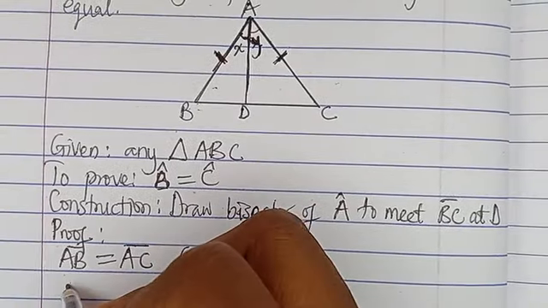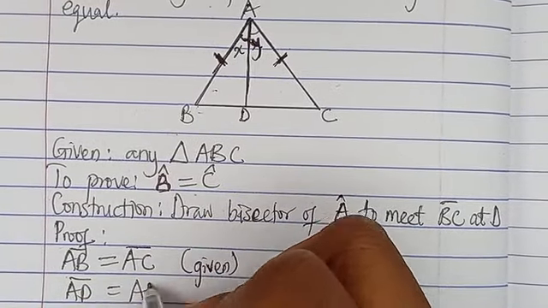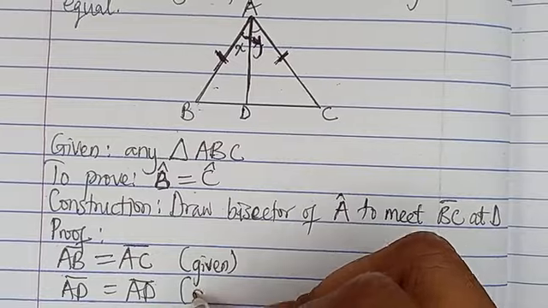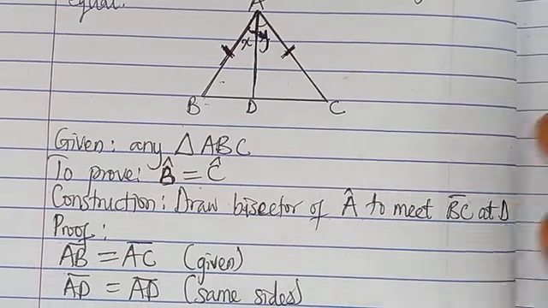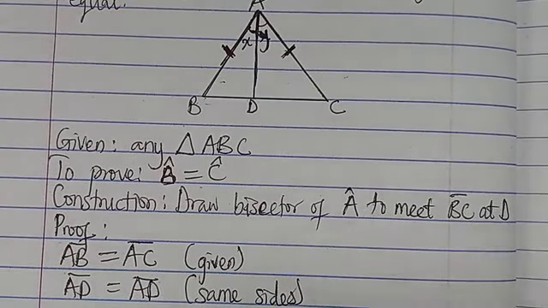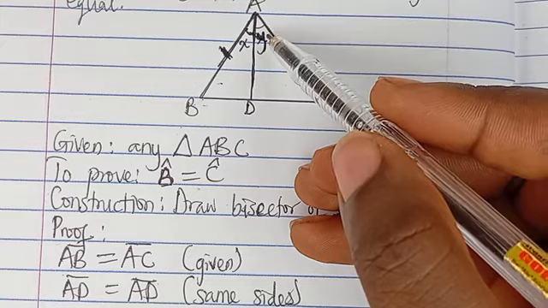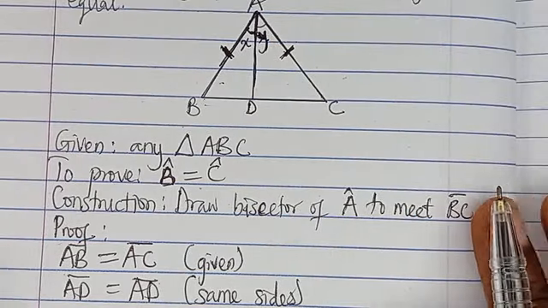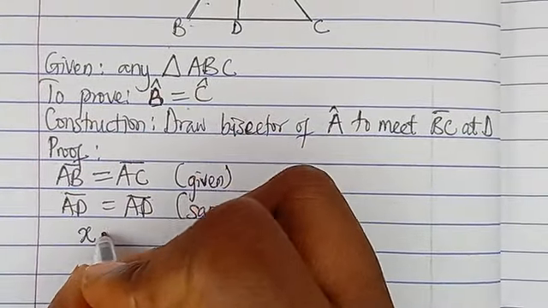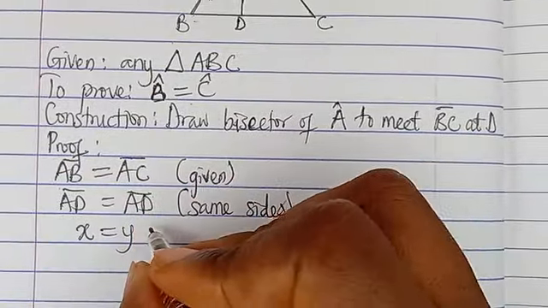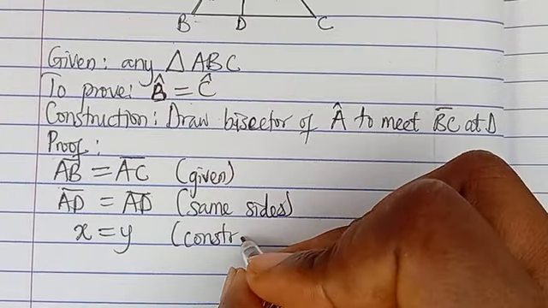So line AD is equal to line AD, same side. And from our construction, angle X is equal to angle Y, because we constructed that. The reason is that it's from construction. We said the bisector of angle A.